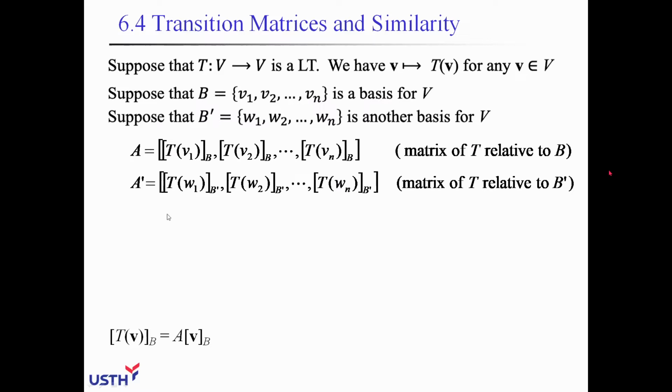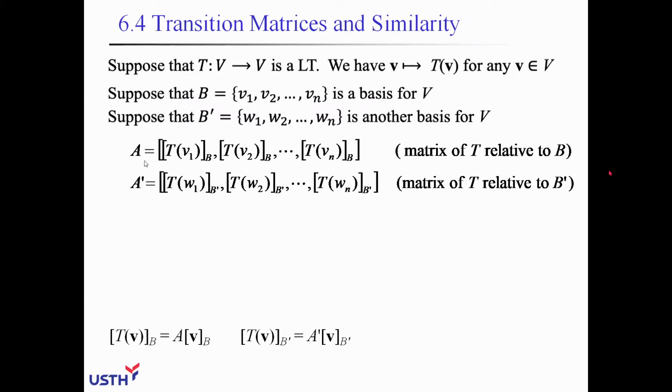With that, T is again given by this form: the coordinate of T of V in B prime equals A prime multiplied by the coordinate of V relative to the basis B prime. So for basis B we have that formula, and for the basis B prime we have this one.